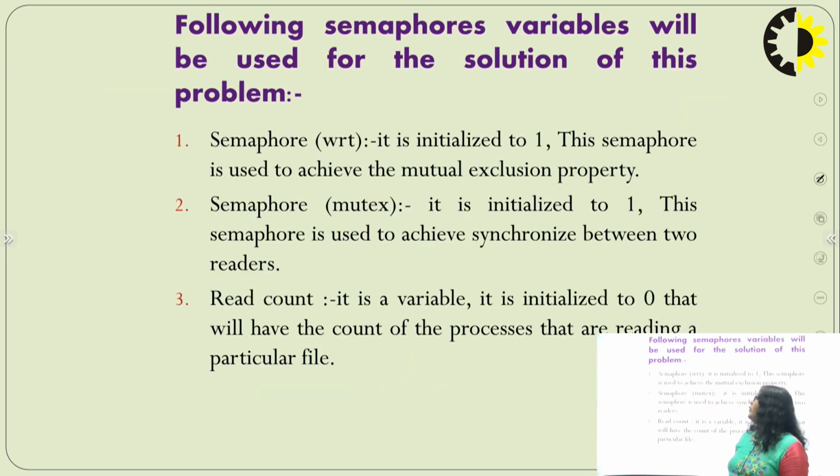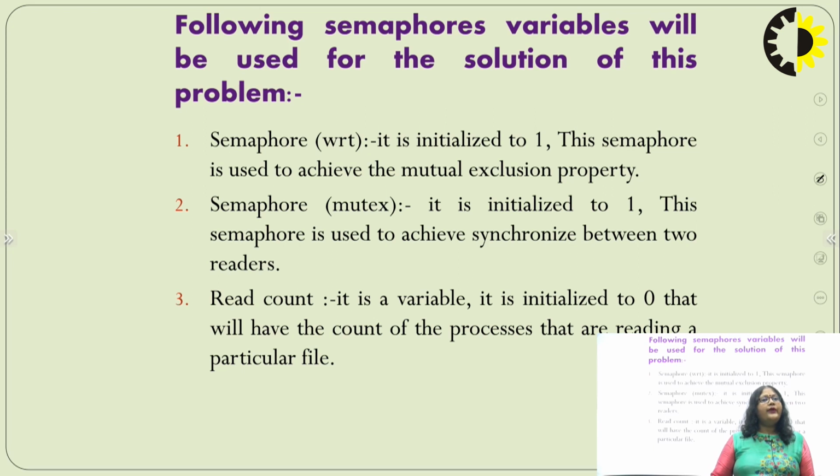So there are two semaphores used for this problem and one read count variable: semaphore write, semaphore mutex and the read count. Semaphore write is initialized to achieve the mutual exclusion property. Semaphore mutex is initialized to one and is used to achieve synchronization between two readers.